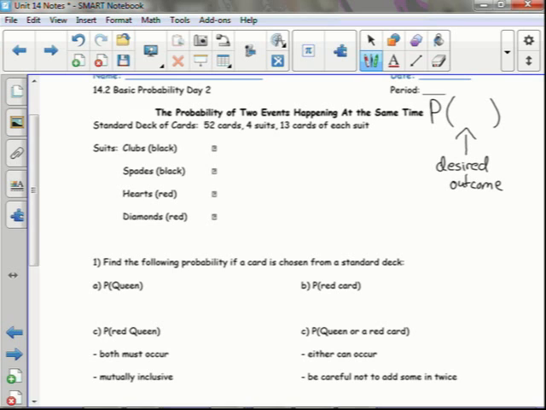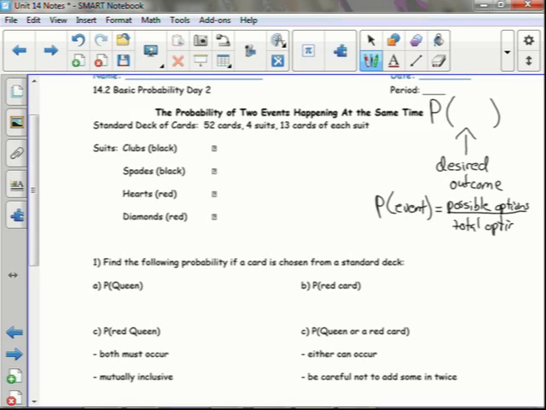The probability of an event occurring, we'll look at examples of that, is the possible options divided by the total options.